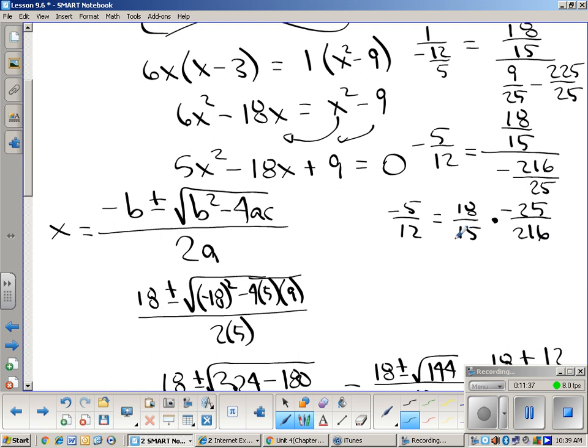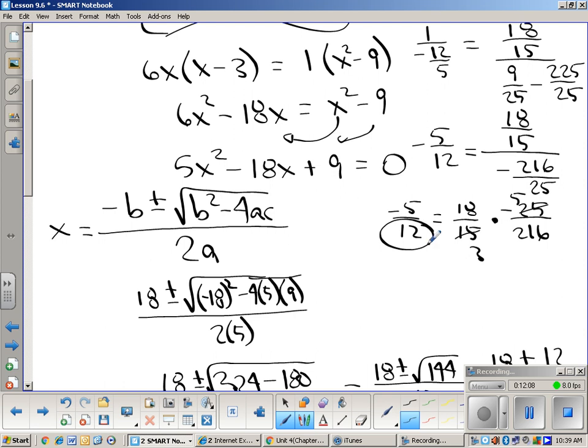You agree that 5 goes into each of those? How many times does 5 go into 15? How many times does 5 go into 25? Okay. If I'm gonna get 12 on the bottom, what do I have to get when I simplify my 216? 4.